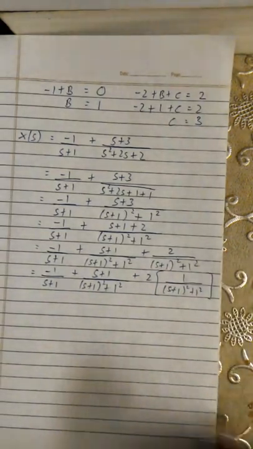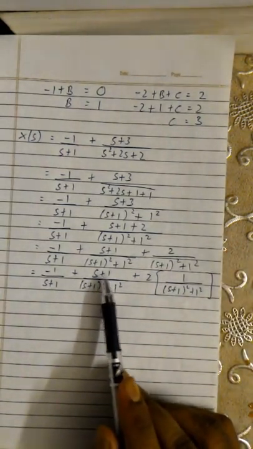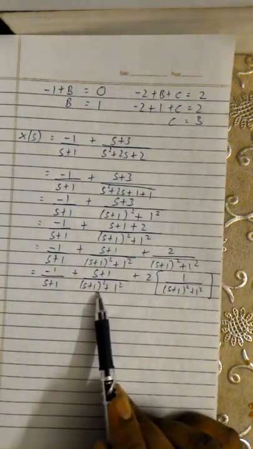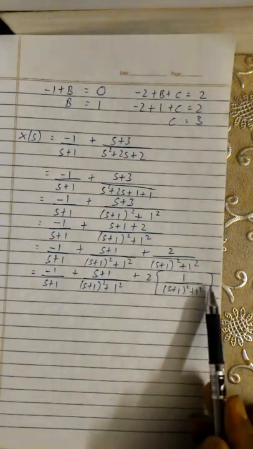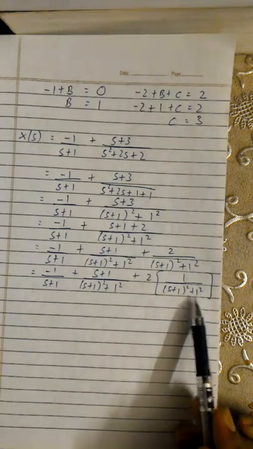So this is nothing but s plus a by s plus a the whole square plus ohm 0 square. This is nothing but ohm 0 by s plus a the whole square plus ohm 0 square.